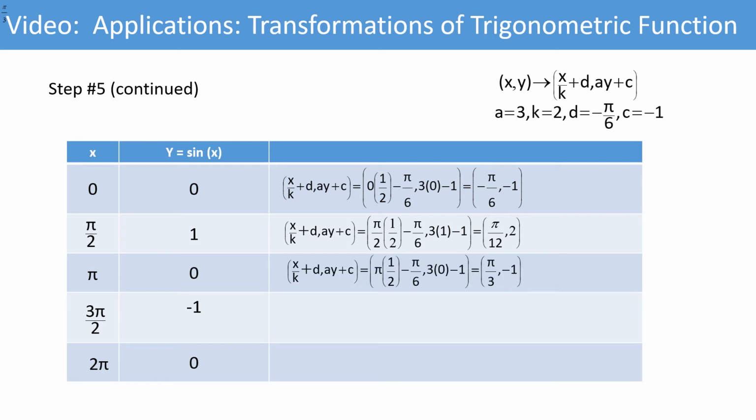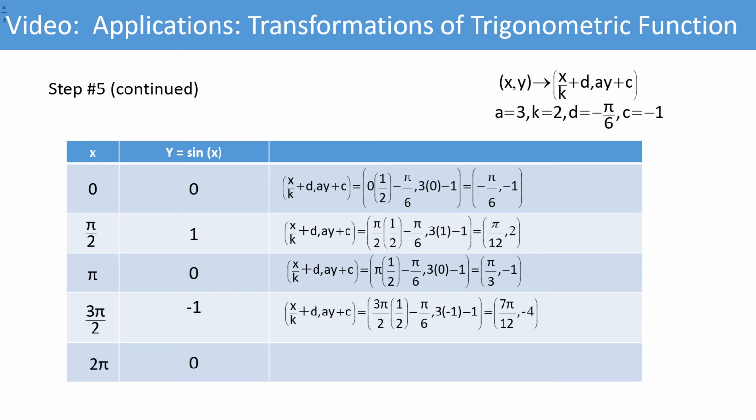Third point, x is π, k is 1/2, d is -π/6, a is 3, y is 0, c is -1. We get the point (π/3, -1).